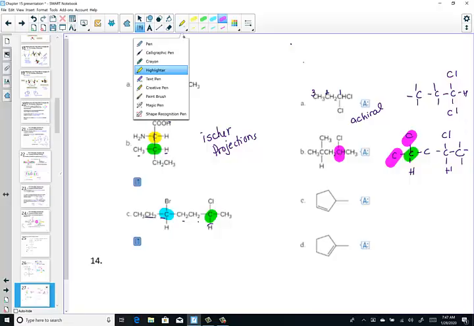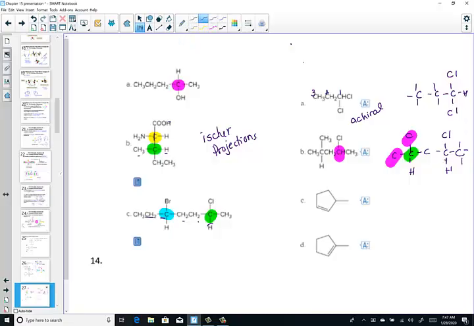So does that meet the criteria? This guy here is attached to a chlorine, a methyl, a hydrogen, and a whole lot of other stuff over here. Oh, those are 4 unique attachments. We did find one chiral center. And I'll leave that highlighted right there as the chiral center.